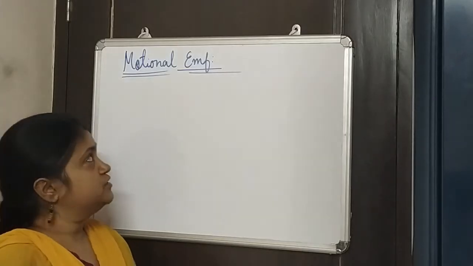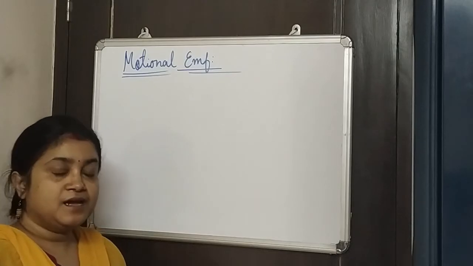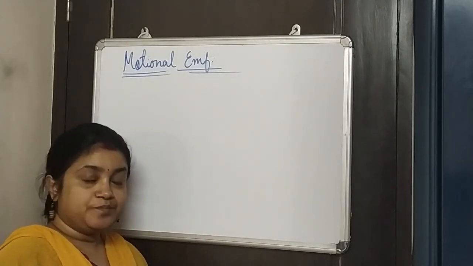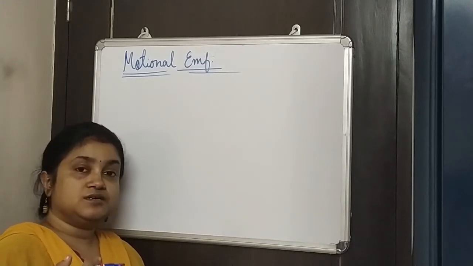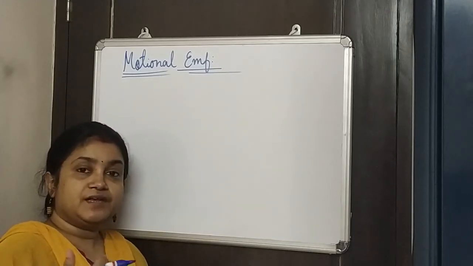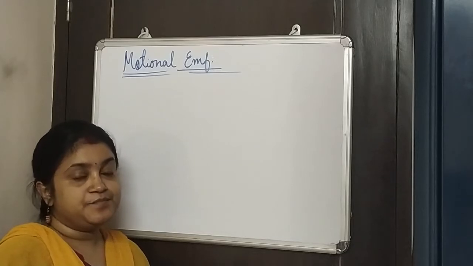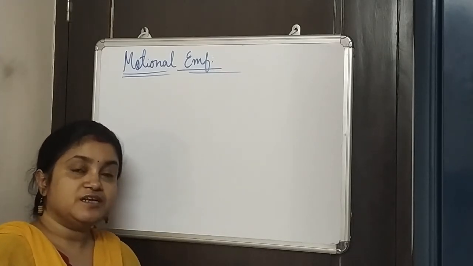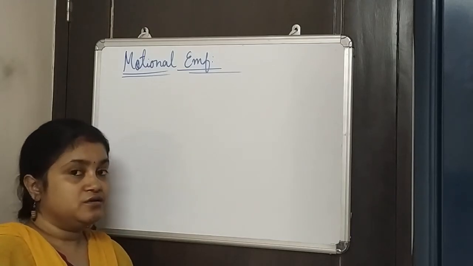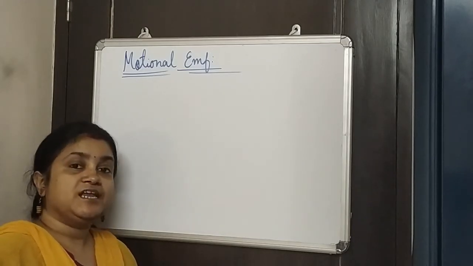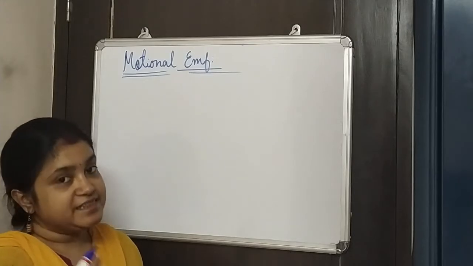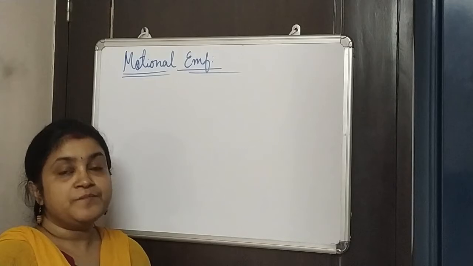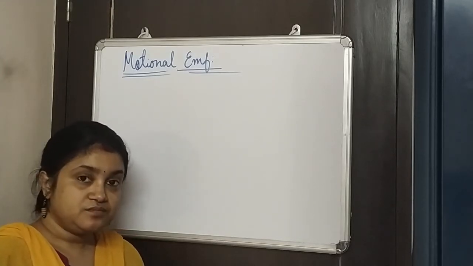Now we'll start with motional EMF. As we have already learnt in Faraday's law, if magnetic flux is changing, then this changing magnetic flux would induce an EMF, or what we call electromagnetic EMF, and this EMF is directly proportional to the rate of change of the magnetic flux.